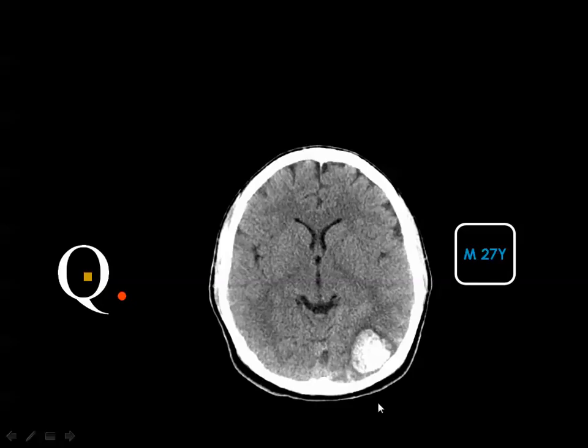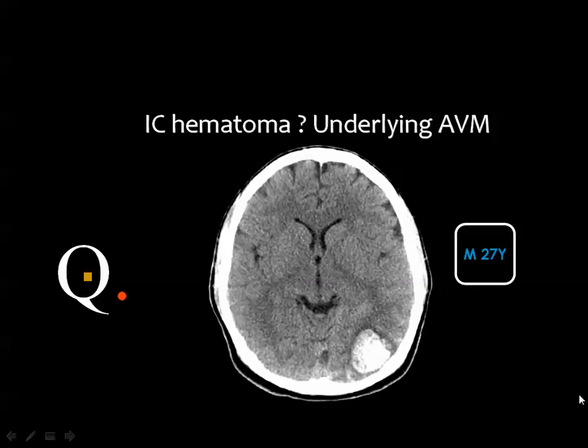And I have said, if you see blood at an abnormal age or abnormal site, then you suspect an underlying pathology, which is one of two: cavernoma or arteriovenous malformation. And this is an intracranial hematoma because of the young age and the abnormal location. This is not a typical location for hemorrhage, hypertensive hemorrhage, I mean. Then you suspect an underlying arteriovenous malformation.